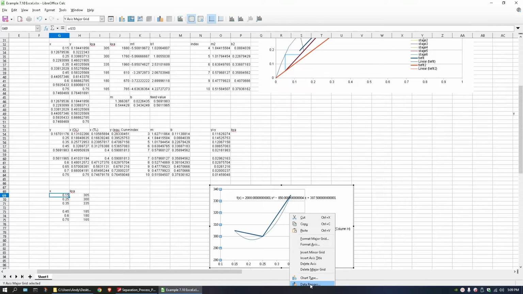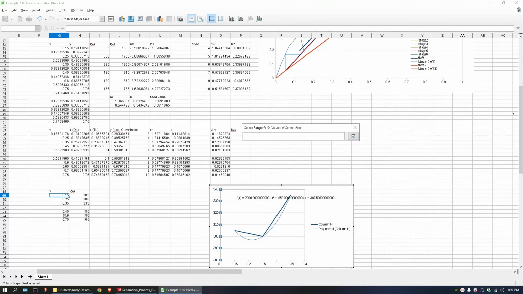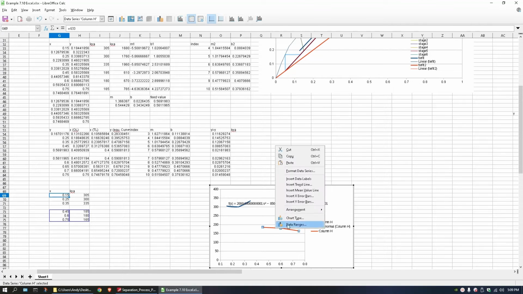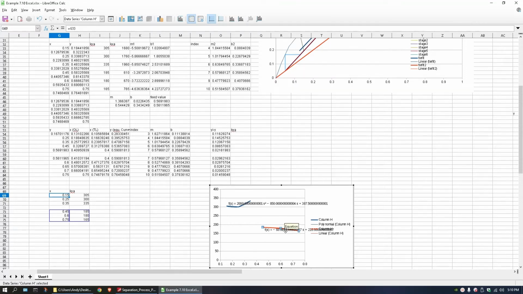We can also do the next one with the rectifying section, and this will probably be a little bit more accurate. And we just want an equation. So this is the equation for the x's of what their values of ky were.